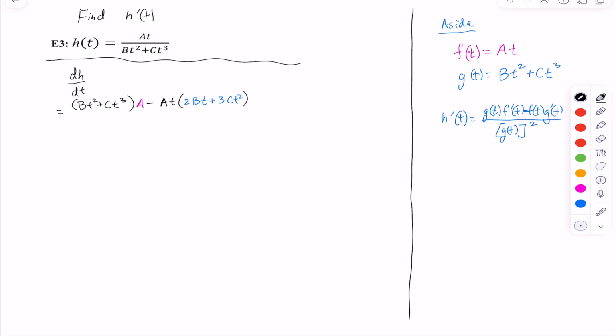And remember, never expand the denominator. Never, never expand the denominator. Always leave it as quantity squared. If you expand it, you're wasting your time. And you don't have time to waste.